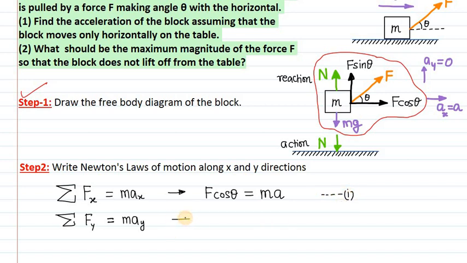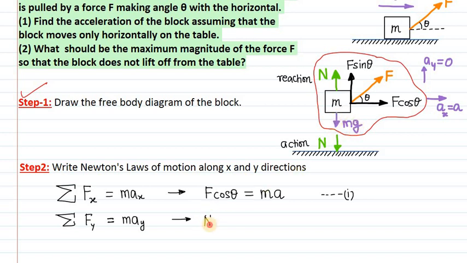Then for the second equation, applying Newton's law along the vertical direction, the y-axis, sigma Fy means the total force which is acting along the y direction. As you can see, normal reaction and F sin theta are acting in the positive y direction and mg is acting in the negative y direction.